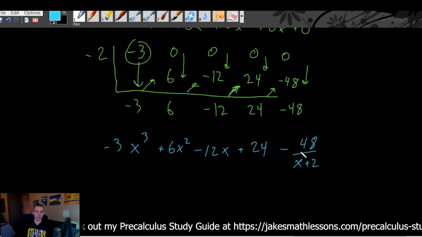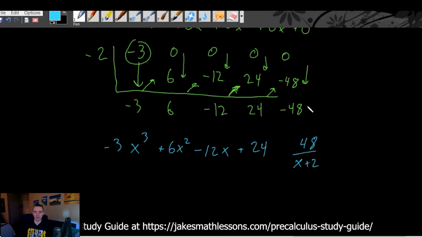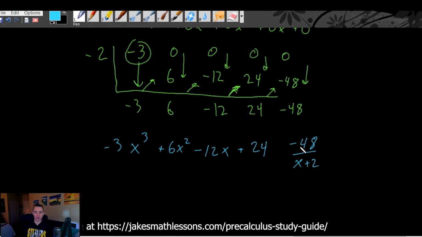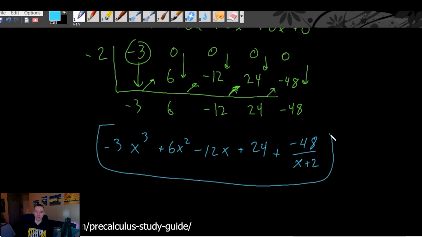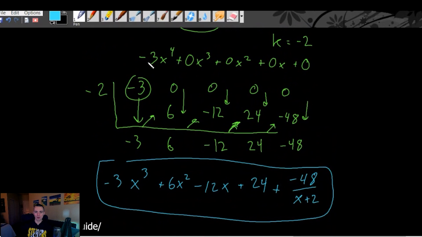Another way we could write this, just if it helps make it a little bit easier for you to follow, negative 48 is our remainder. So we'll just put negative 48 as our numerator and then just say plus. So now this is the result of dividing negative 3x to the 4th by x plus 2. You end up with all this.